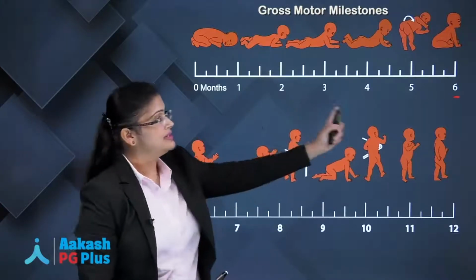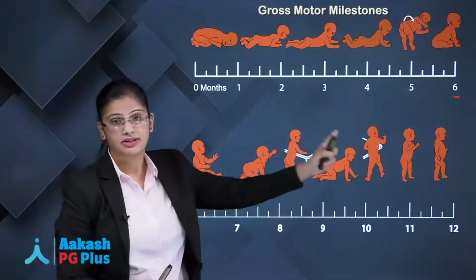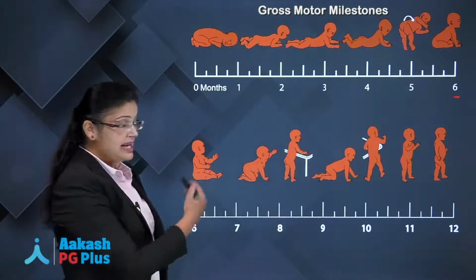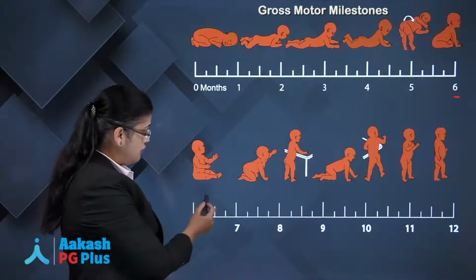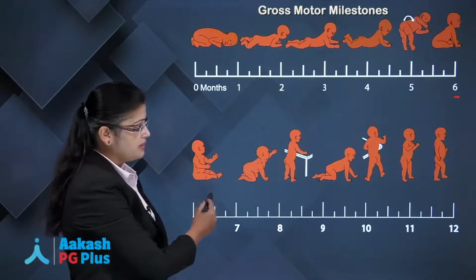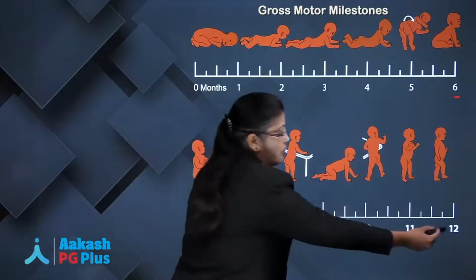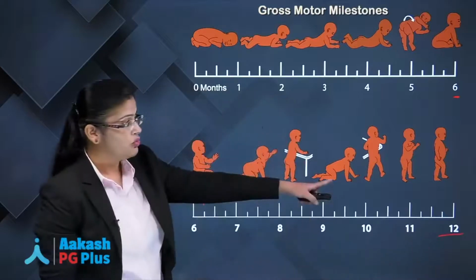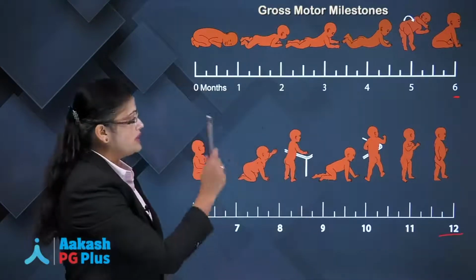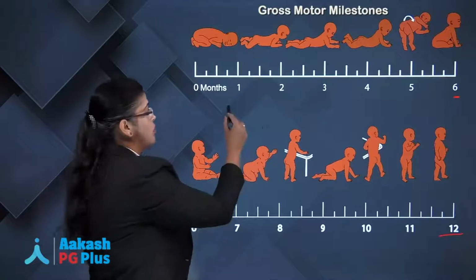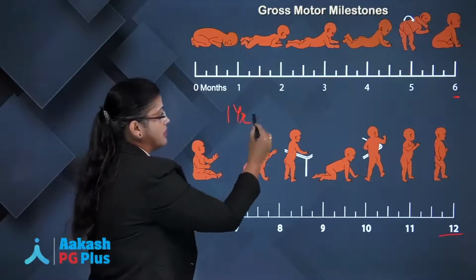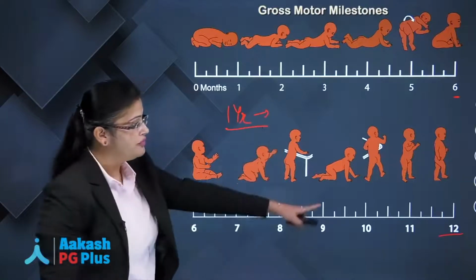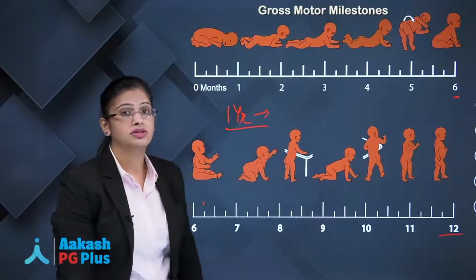So this is the timeline for the first 6 months. While in the next 6 months, from sitting without support, the child will be able to walk without support. So in the first year of life, this important milestone of walking without support is attained.